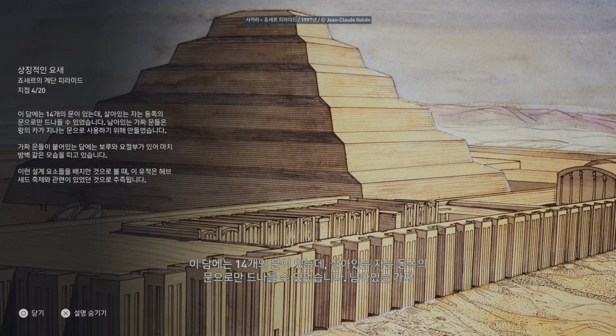While there are 14 doors, only its eastern door was intended to accommodate the living. The remaining false doors were built as portals for the king's ka to pass through. Along with false doorways, the walls were designed with bastions and steeples resembling a defensive wall. The positioning of these design elements suggests that they were related to the Heb Sed festival.